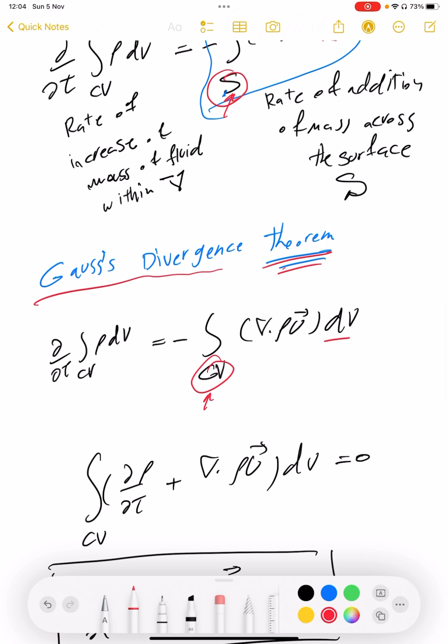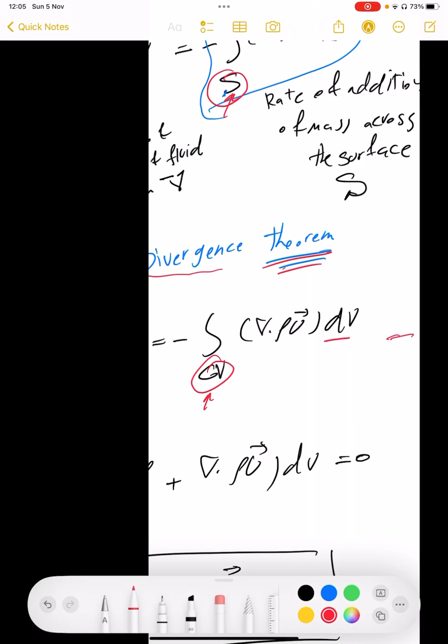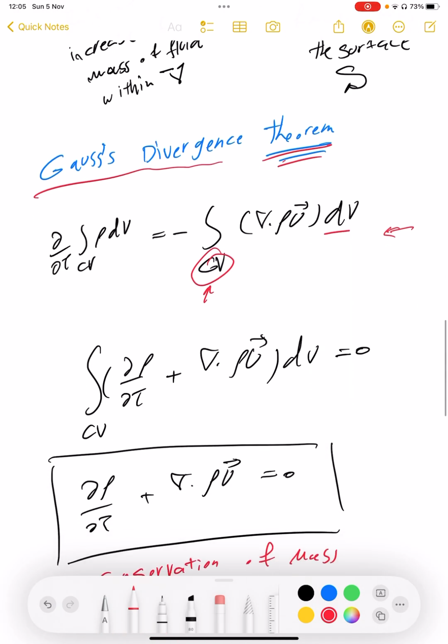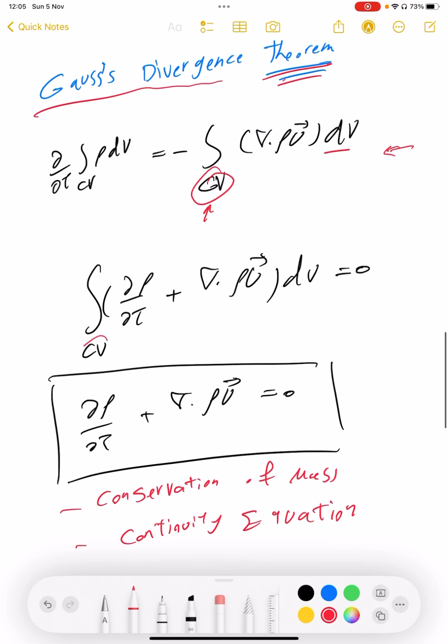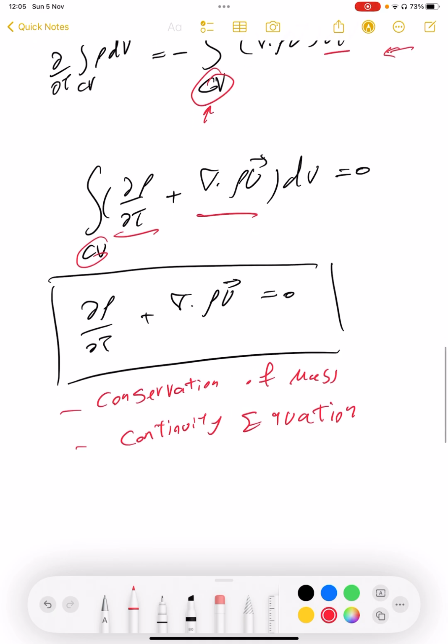If you do that, you end up with this equation here. Now I can bring everything inside one control volume integral. So I have this term and this term appearing here, and the integration of this term is equal to 0. It's an arbitrary control volume, so you can just say that the integrand is equal to 0.